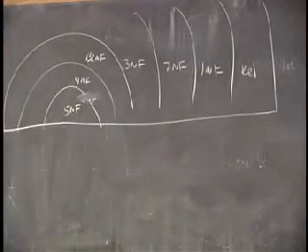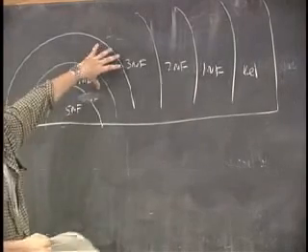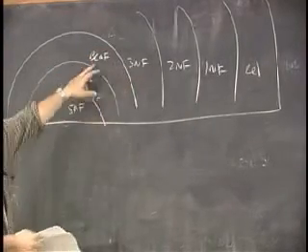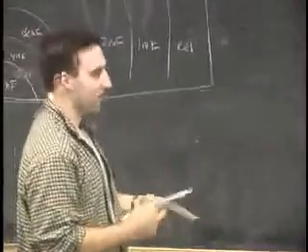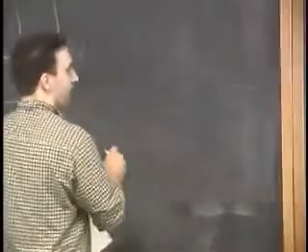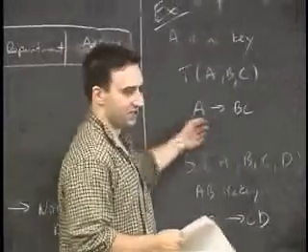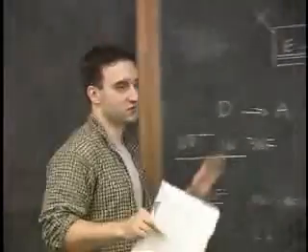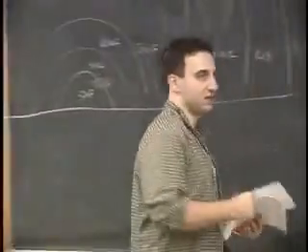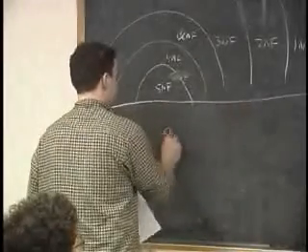Most of these aren't so interesting; these are the ones that are kind of interesting. BCNF is right in between here, and the definition of that is that whenever you have something that's a key, you automatically get these dependencies, right? Those are the only dependencies you get. So BCNF.